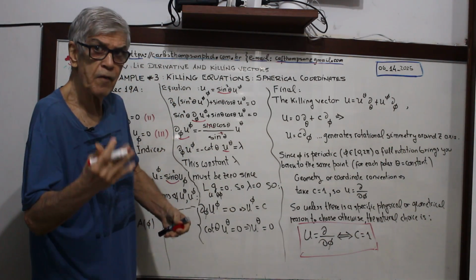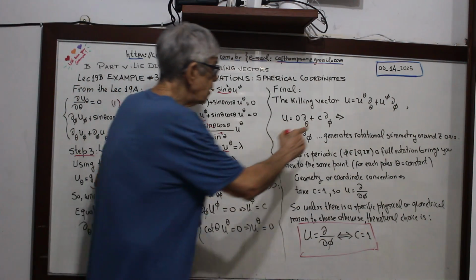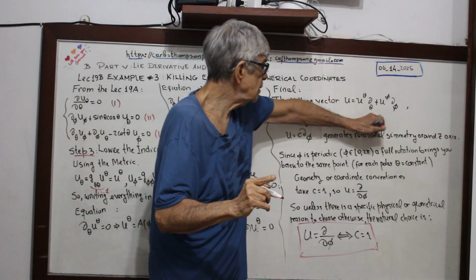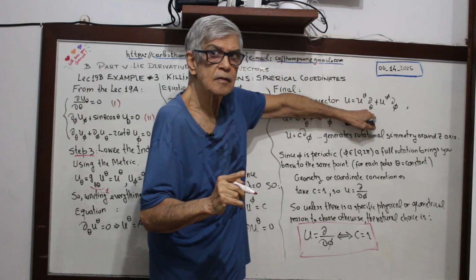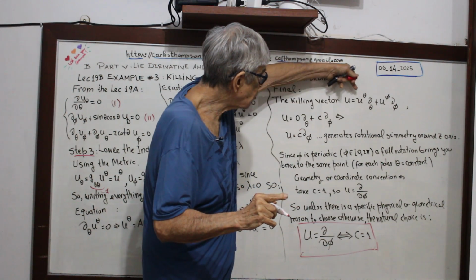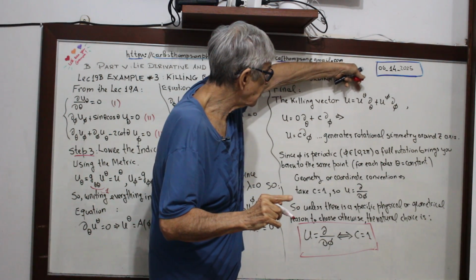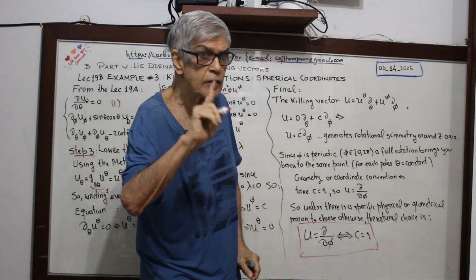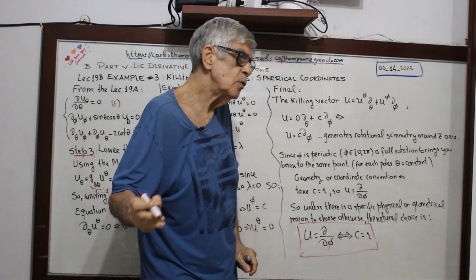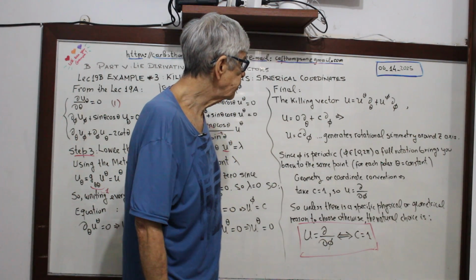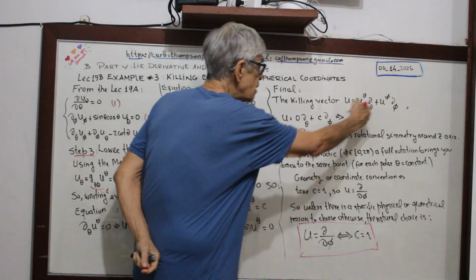Now I write the vector u expressed in the covariant basis. This is the covariant basis, and these are the contravariant components. Both belong to the vector space, not the dual. We discussed this previously in other videos. So that's the solution.